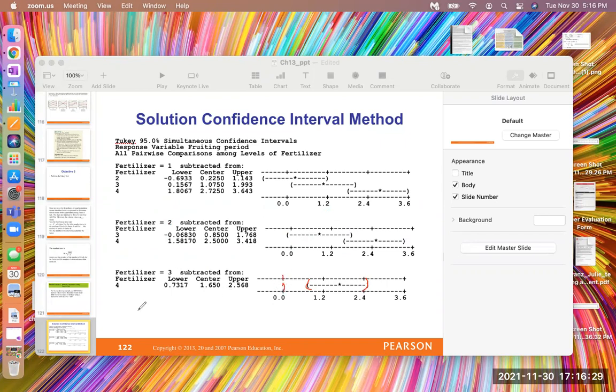So we think that they're actually different. And they subtracted 3 from 4, so the mean of 4 minus the mean of 3, and that would give us a positive answer. So we think 4 is larger than 3.